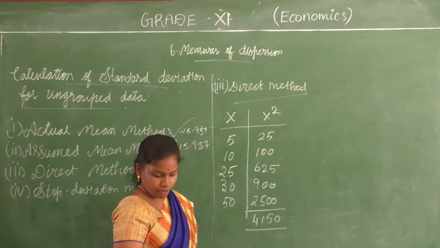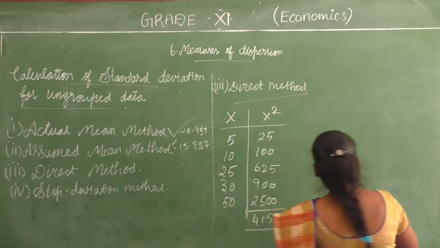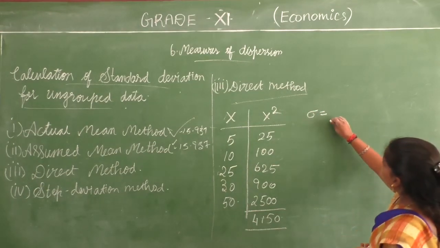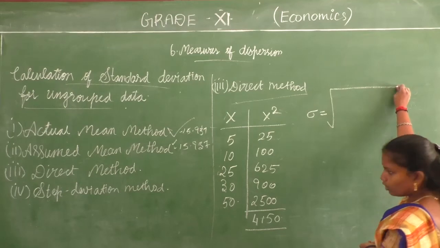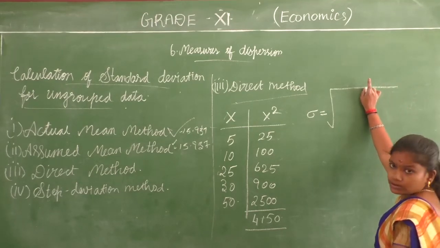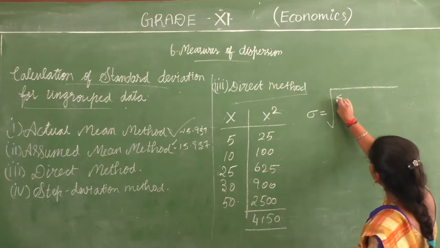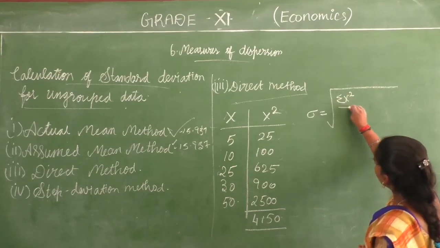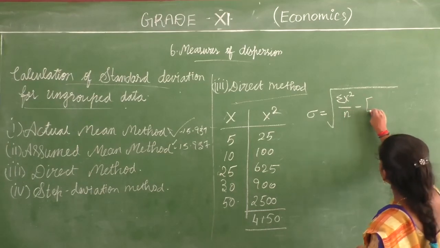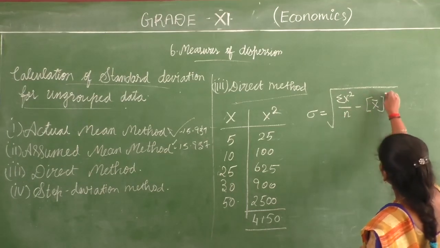Put it into the formula, which is going to be sigma is equal to root of standard deviation. You should not forget this root. Okay? Summation of x squared by n minus x bar the whole square.